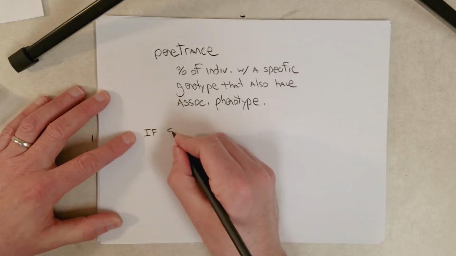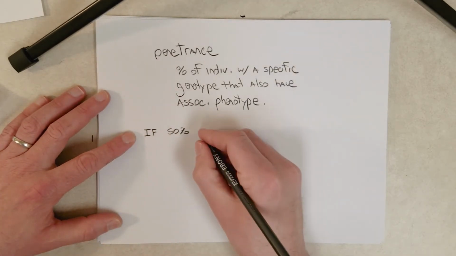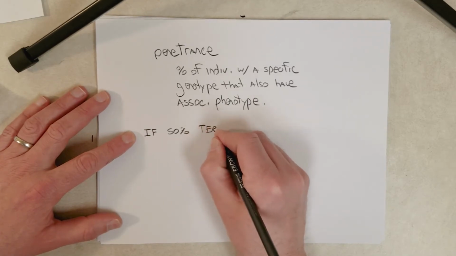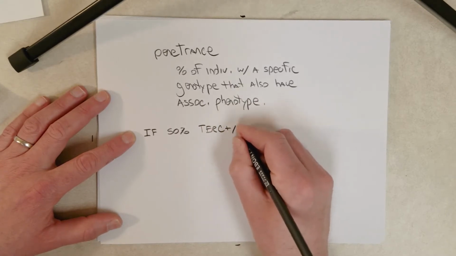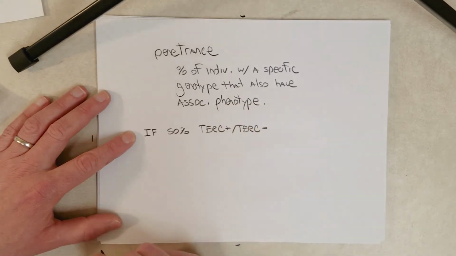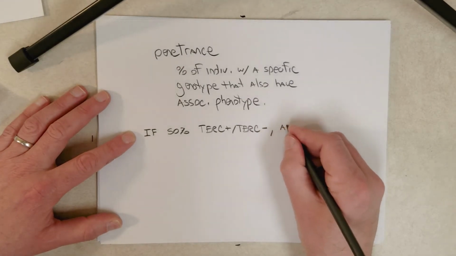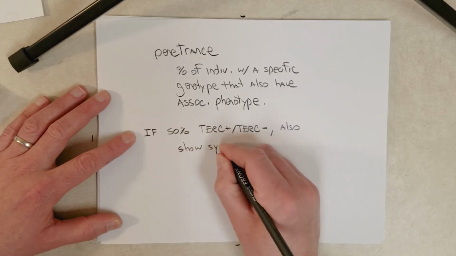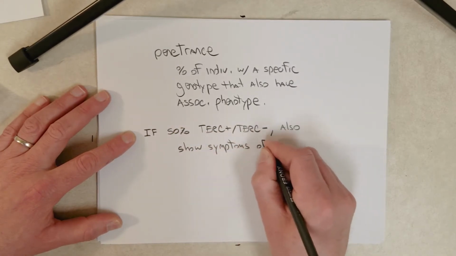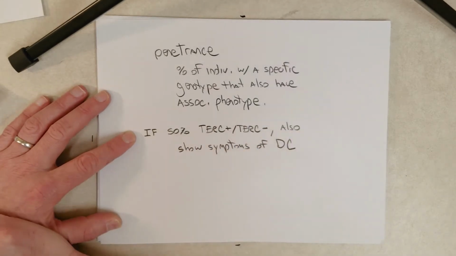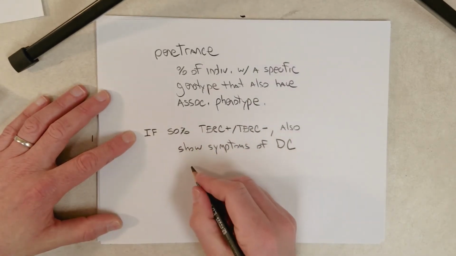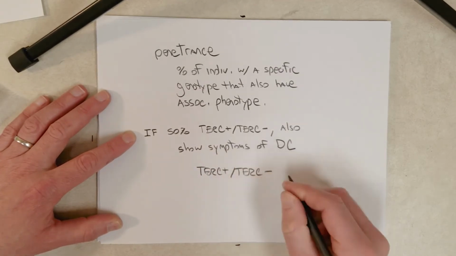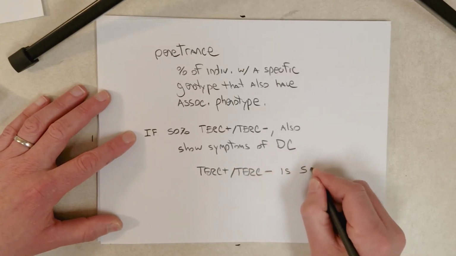But let's say if 50% of humans who have the TERT plus, TERT minus genotype also show symptoms of the disorder, Dyskeratosis congenita, then we can say the TERT plus, TERT minus genotype is 50% penetrant.